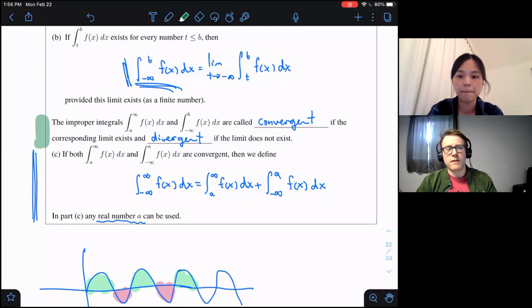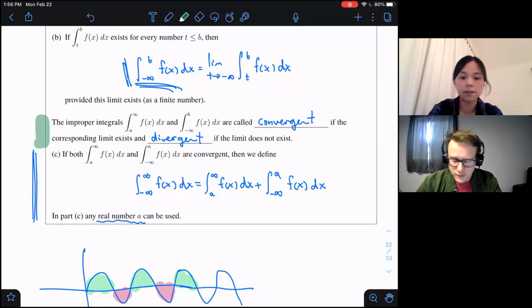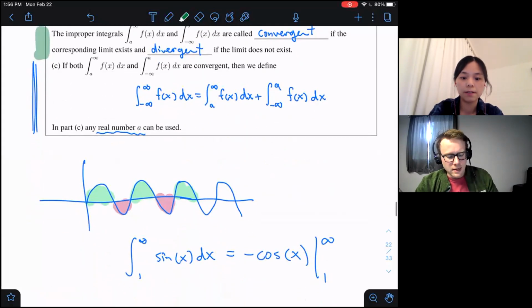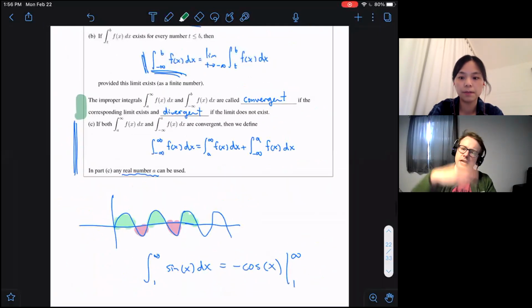And maybe you could have one of these weird oscillating situations, in which case it doesn't diverge towards negative infinity or infinity, but the limit doesn't exist. It just oscillates back and forth. It doesn't go to negative infinity or positive infinity, but it doesn't go to a single real finite number.